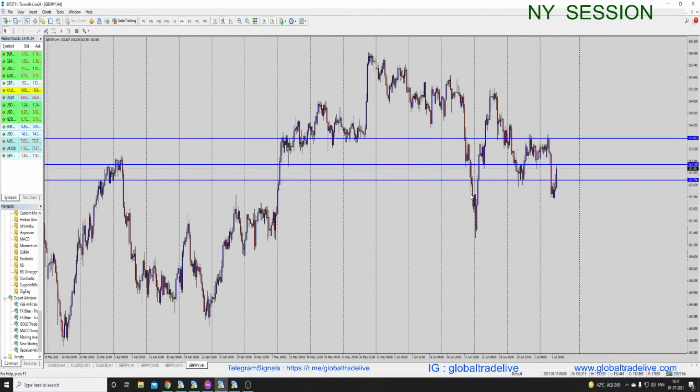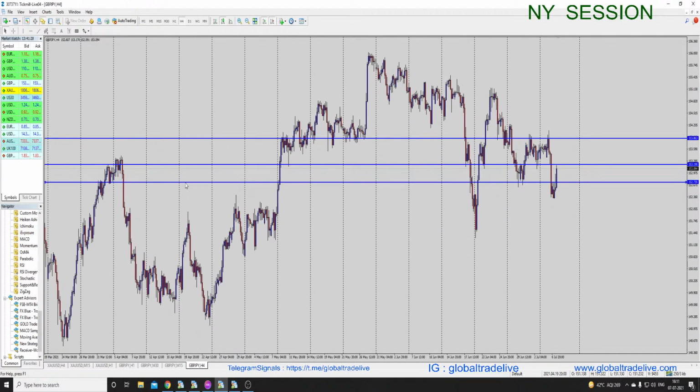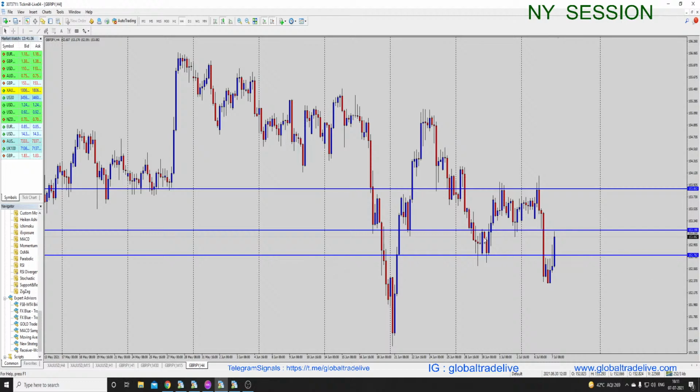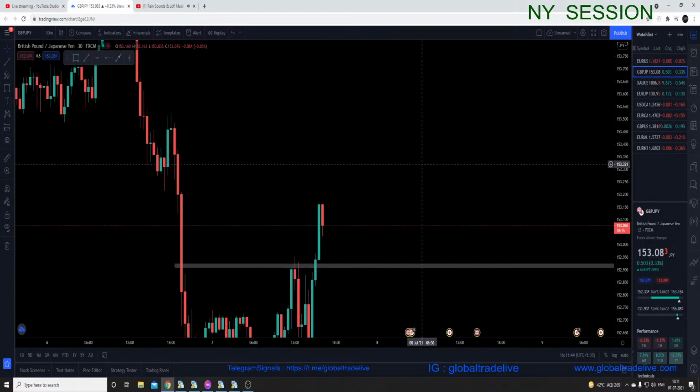Let's get some more information. It looks like it will be going to this area over here again. So the first level will be 153.190, and I think it will be going up again. Let's see how the market will be moving.